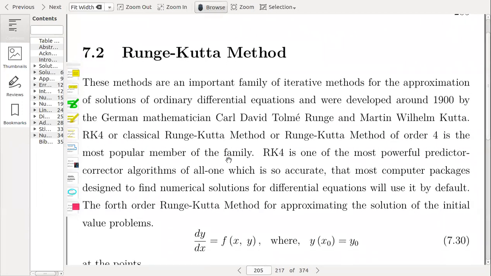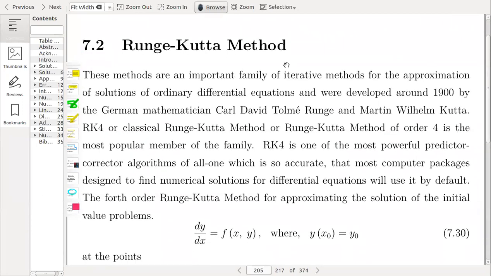So the next method is the Runge Kutta method. It's a German name. These methods are an important family of iterative methods for the approximation of solutions of ordinary differential equations, and were developed around 1900 by the German mathematicians Carl David Tolmé Runge and Martin Wilhelm Kutta.